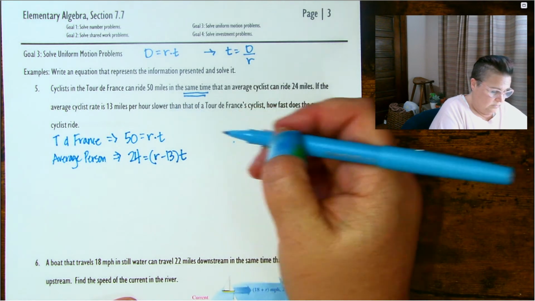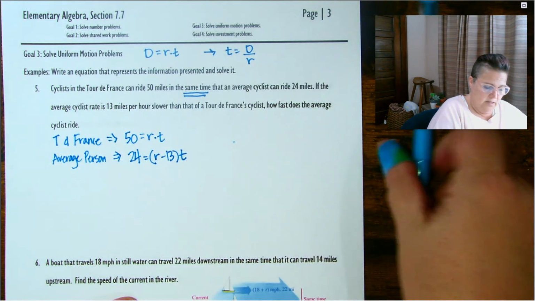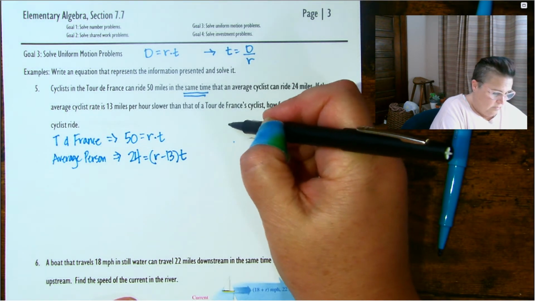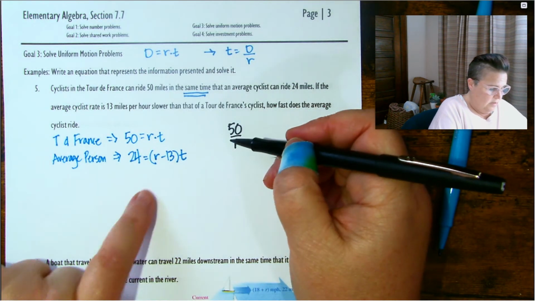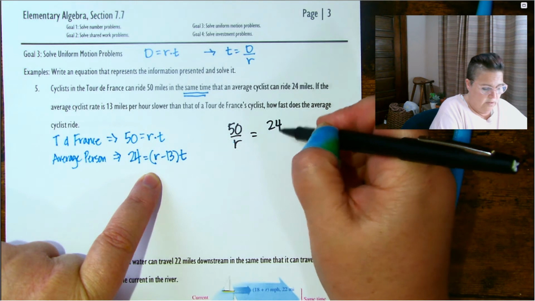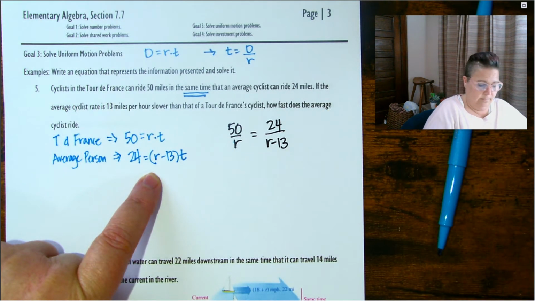So I need to solve this for time. This guy, time is equal to 50 over r. This guy, time, is equal to 24 over r minus 13.